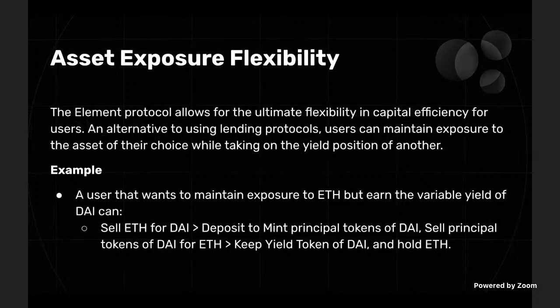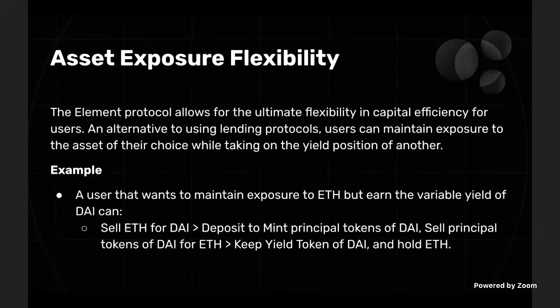As for asset exposure flexibility, the Element protocol, like mentioned before, has a huge amount of flexibility in improving capital efficiency for users. So a really cool alternative to create during the hackathon would be an alternative to a lending protocol where a user maintains exposure to the asset of their choice while taking on a yield position of another asset.